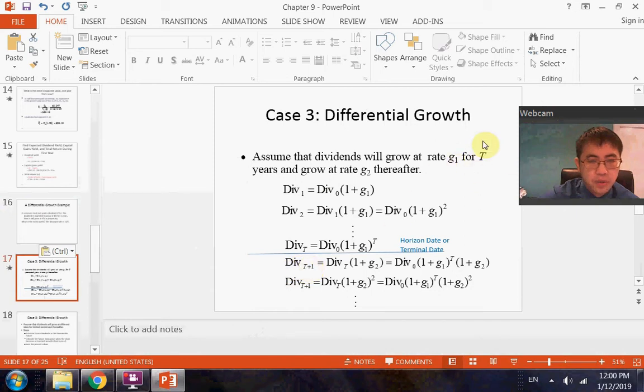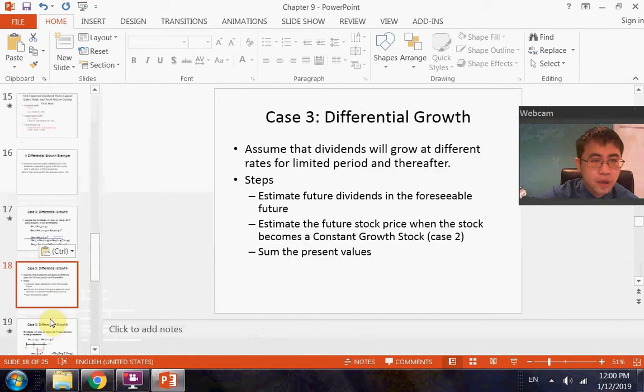Your T equals 3 years. The first stage lasts for 3 years. During those 3 years, your growth rate is 8%, G1. And then I generate dividends 4, 5, 6 all the way down, so I get all the dividends, then discount them all and add all the present values of the dividends. That's one way to do it.